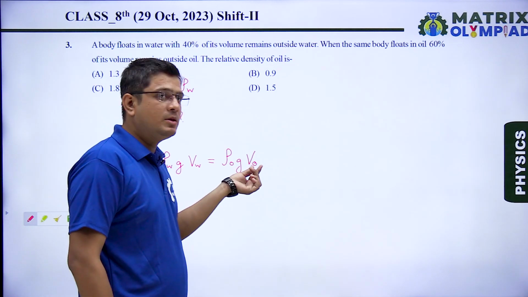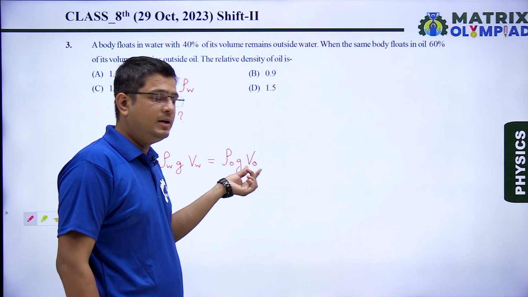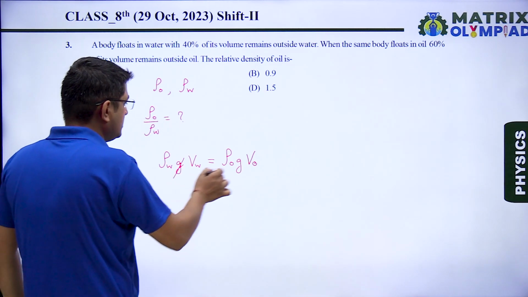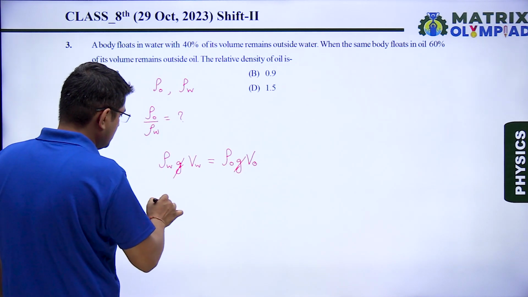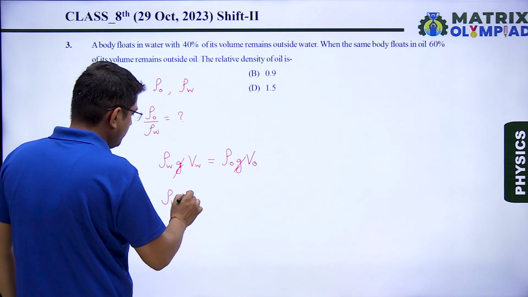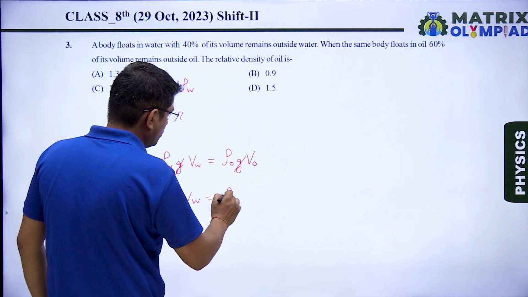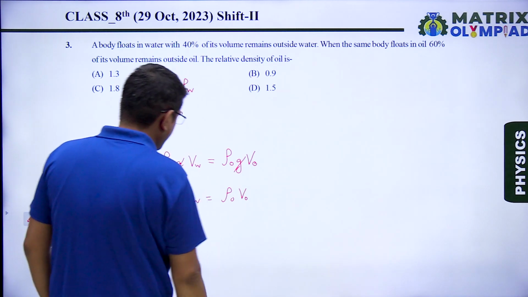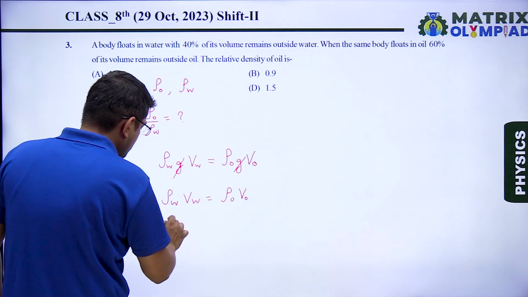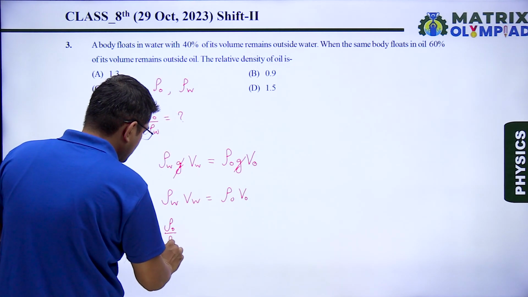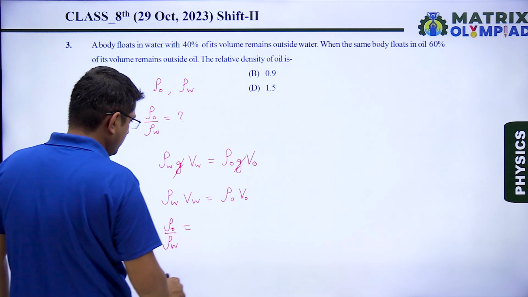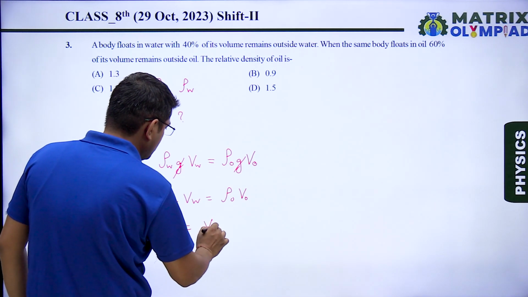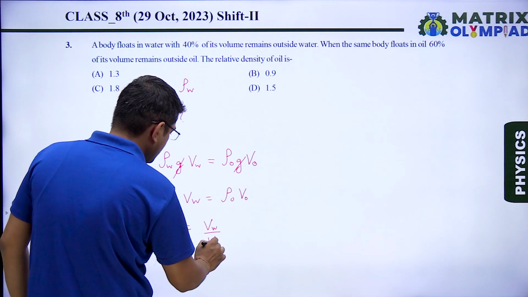And what is VO? It is the part of volume which is dipped inside oil. We know that the value of g is the same for both cases. So it becomes rho W VW equals rho O VO. And we have to calculate rho O upon rho W, which becomes equal to VW divided by VO.